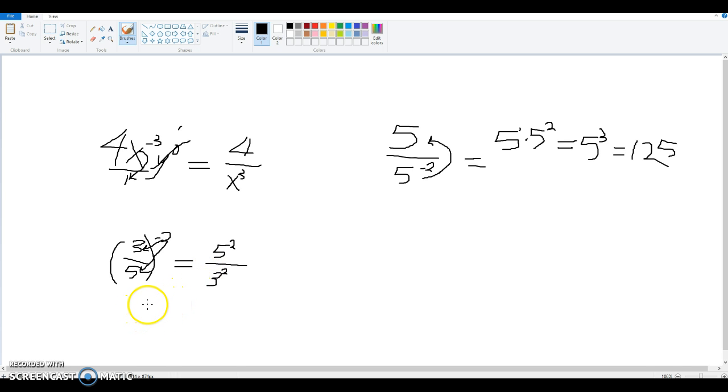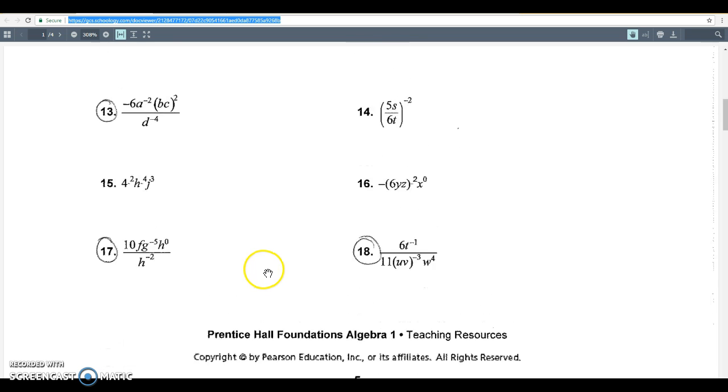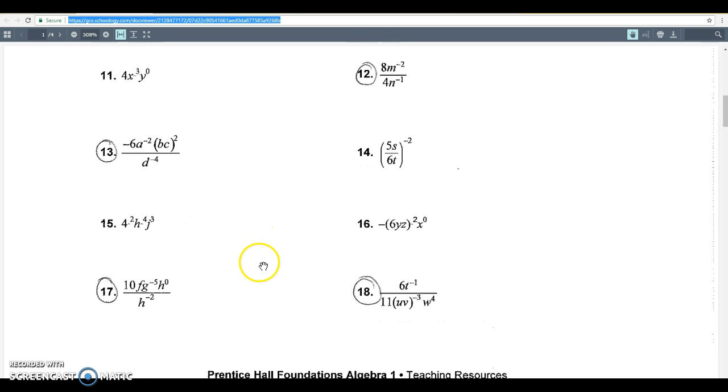If we were going to do this one step at a time, I could have done the distribution first and had 3 to the negative 2 over 5 to the negative 2. And then I would have to move the 5 up and the 3 down. And that gets us to the same place. All right. Some of these are more complex. Really, this is just the same as that other one. You just apply the negative 2 when you flip.